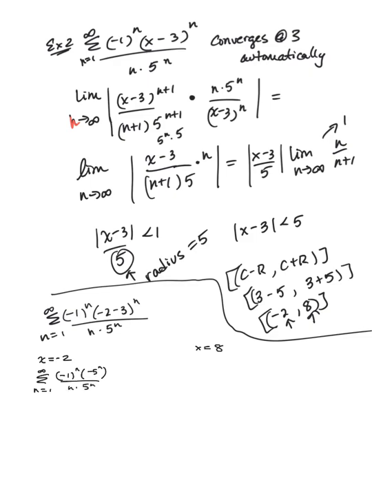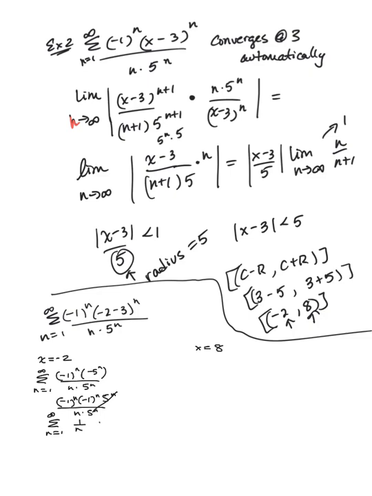Okay, so now this is just going to come back down to algebra skills. -5 to the n, kids, is the same thing as -1 to the n times 5 to the n. So these are going to cancel out. -1 to the n times -1 to the n is literally just 1 to the n. So 1 to the n is just 1, guys. So I end up with the series 1 over n, from n equals 1 to infinity.